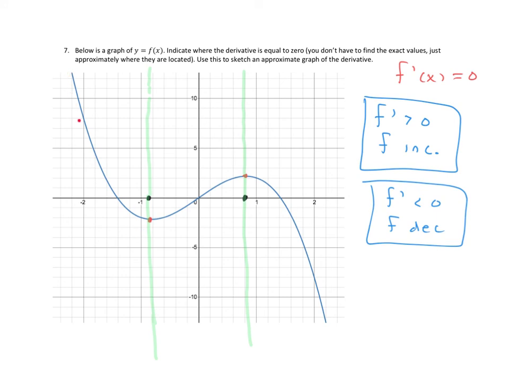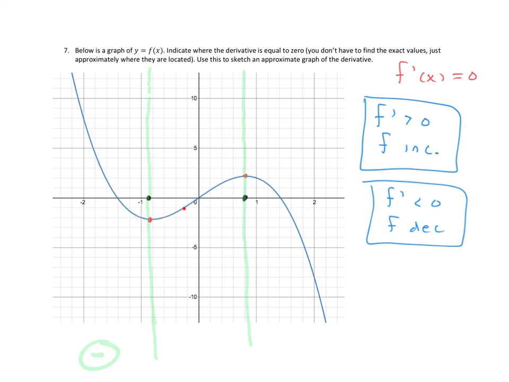So the slopes are all negative here. The derivative is the slope, which means I want to graph negative numbers over here. As a note, the derivative here is negative because the original function is moving down.